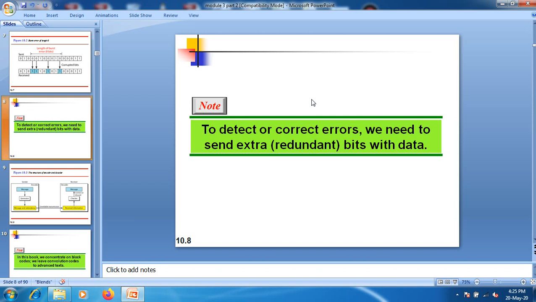To detect and/or to correct errors, we need to send extra bits with the data.